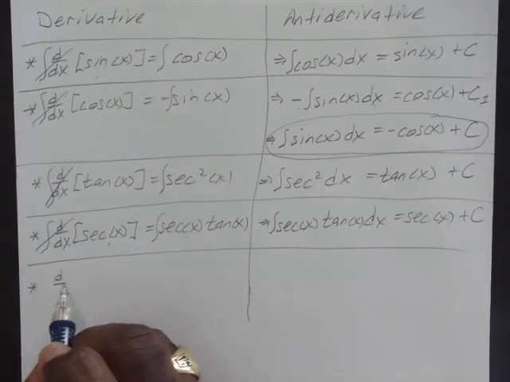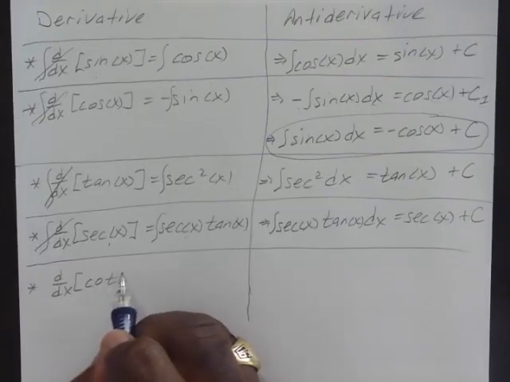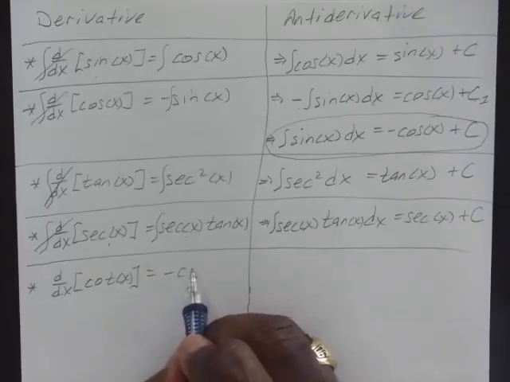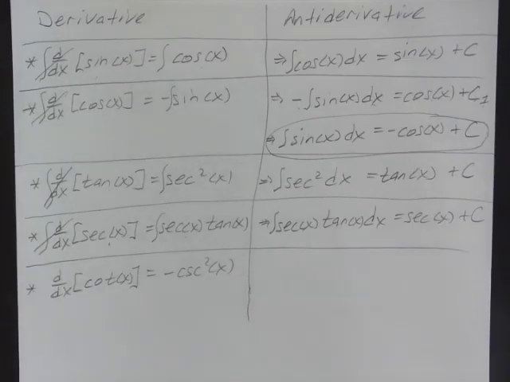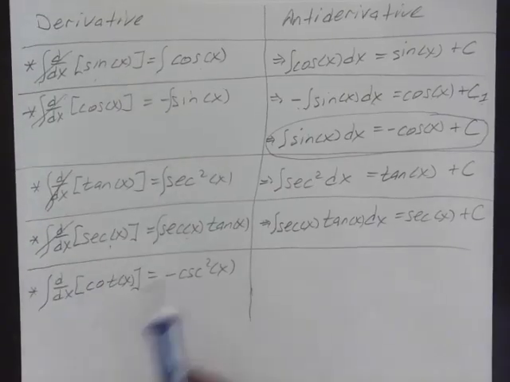Okay, and we know that the derivative with respect to x of cotangent of x is equal to negative cosecant squared. So once again, we're going to integrate both sides, where we know that derivative and antiderivative will cancel each other out.